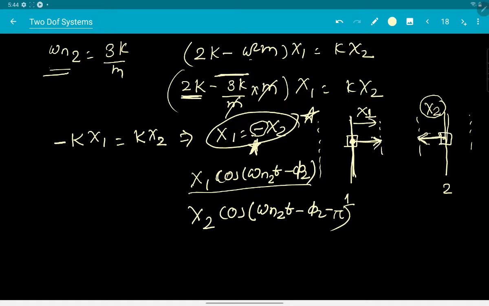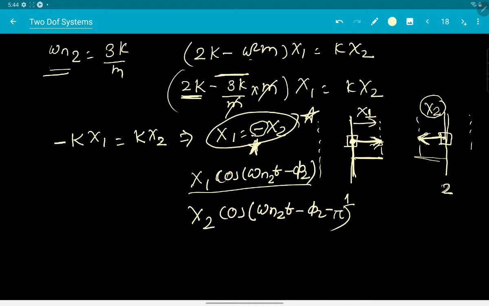So you have flipped the direction of motion of mass number 2. When mass number 1 is going towards its right extremity, mass number 2 is going towards its left extremity. However, both those extremities are at an identical distance from their individual mean positions.